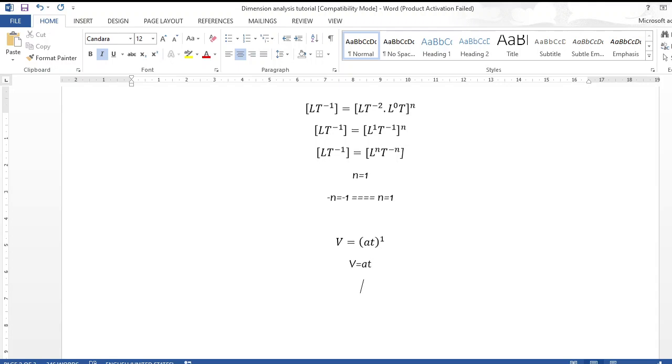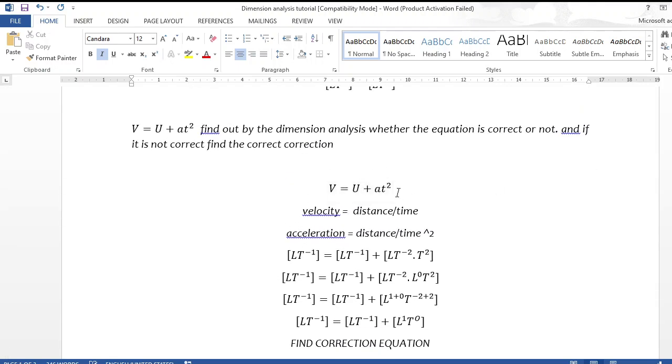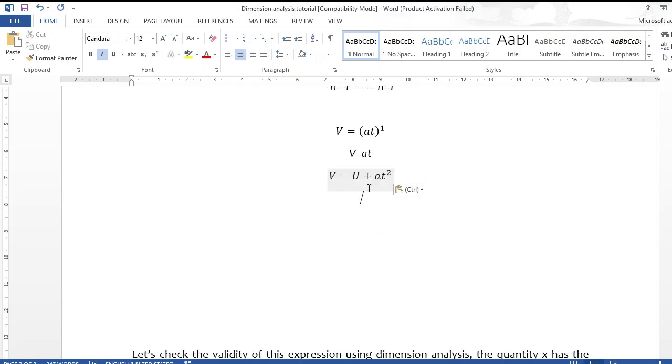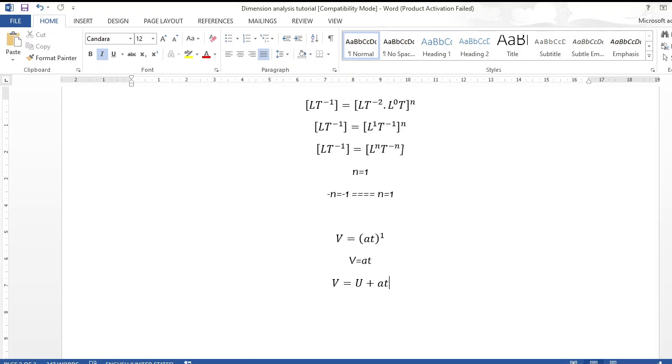Then our correct equation now will be this one. Here the power would not have a power of 2. We have only v equals at, because at, when you simplify it, will give you LT to the power negative 1.